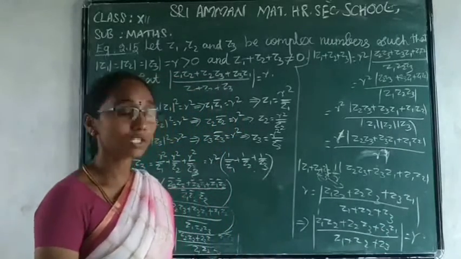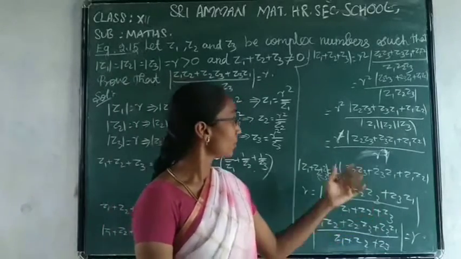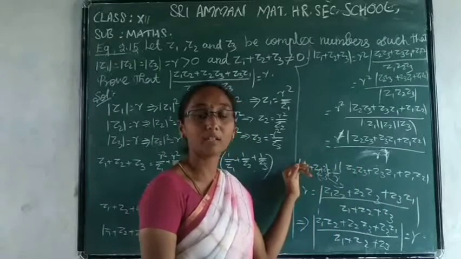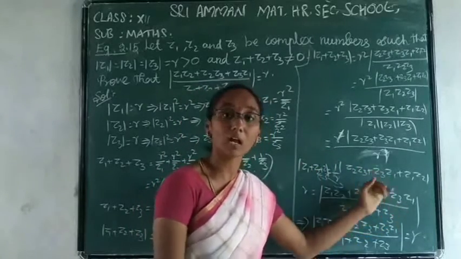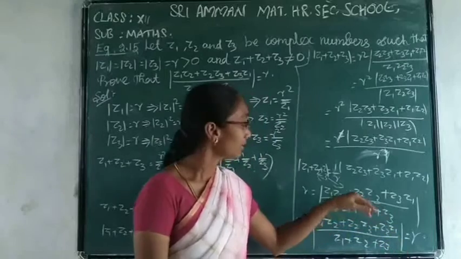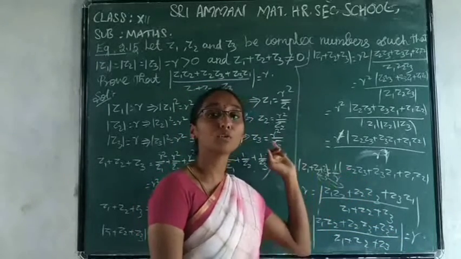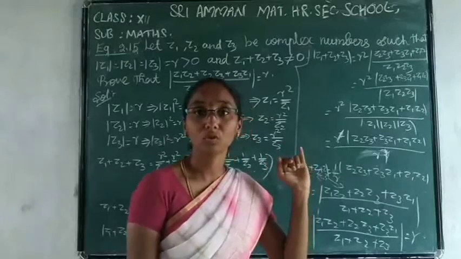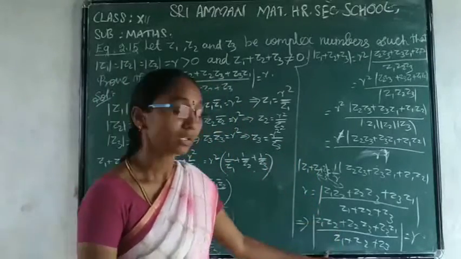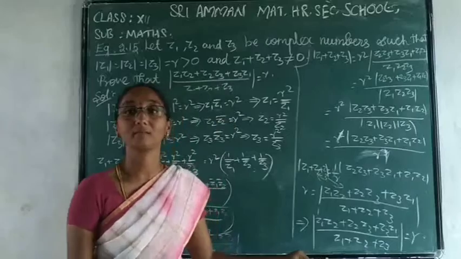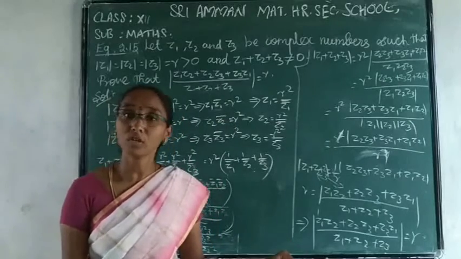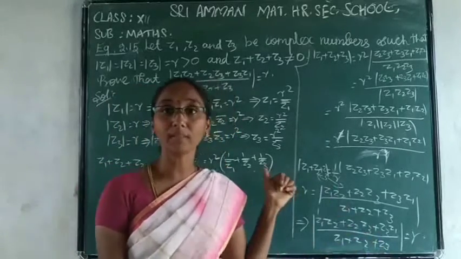The one on the left-hand side goes to the right-hand side as denominator. This R is the right-hand side denominator, so it goes to this place. So R, and finally we get the answer. Do you understand? It is a very, very important question for you.